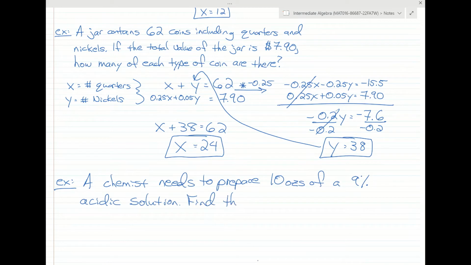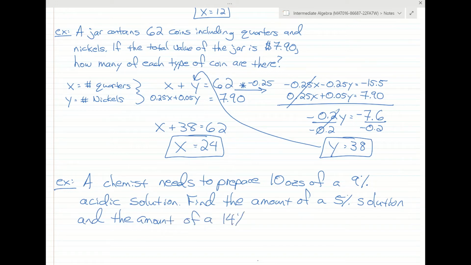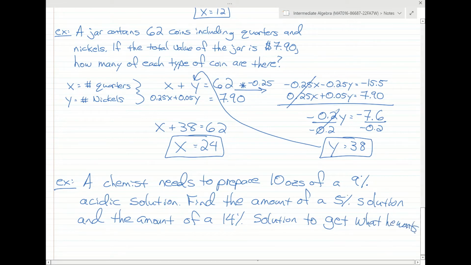Find the amount of a 5% solution and the amount of a 14% solution to get what he wanted. Just give me a second to copy that down.